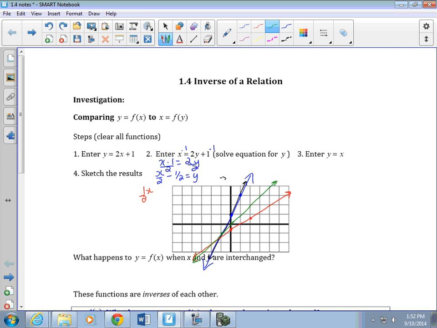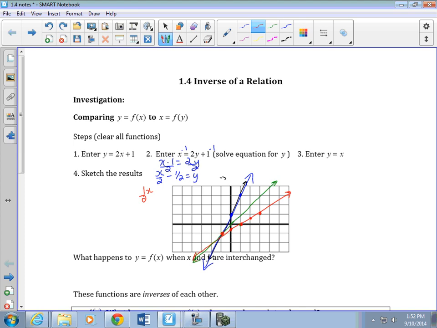I should have had one going through at 0 and 1, and then up here at 3 and 1, sorry. So it's pretty close. My line is pretty close to where it should be.